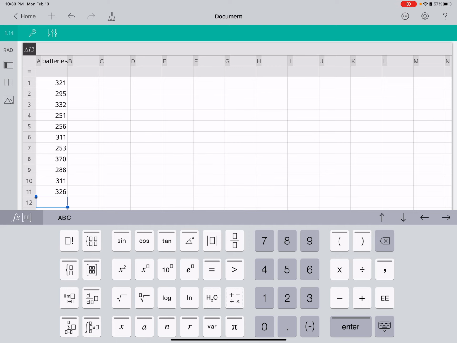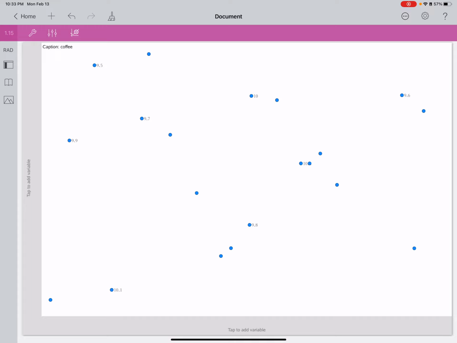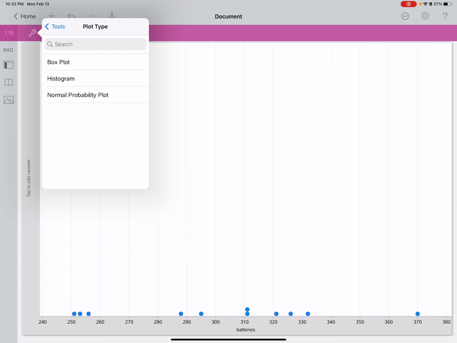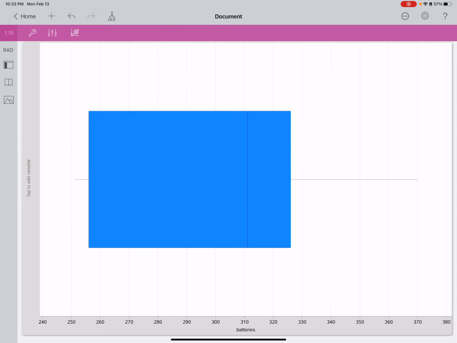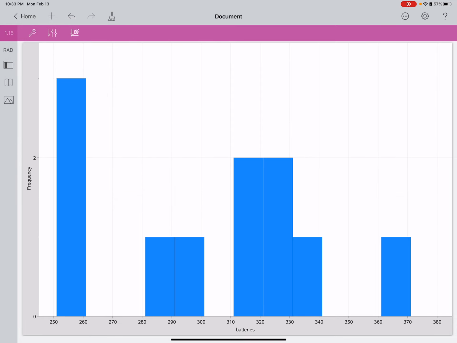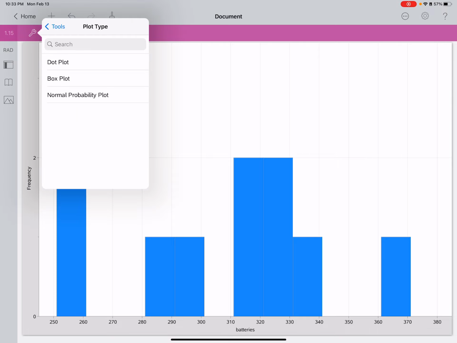And I'm going to graph them. Data statistics, graph, batteries. There we go. And you can see plot type, box plot. You can see there's no outliers, histogram. So now you can see the data and you kind of go, ooh, it looks ugly, skewed. Okay, well, don't worry about it.